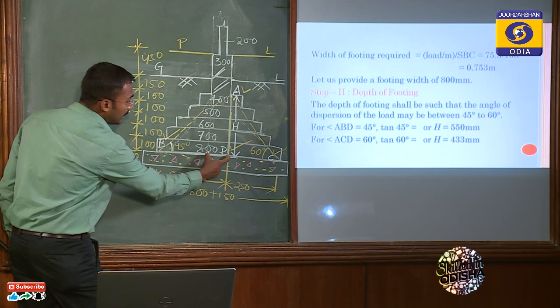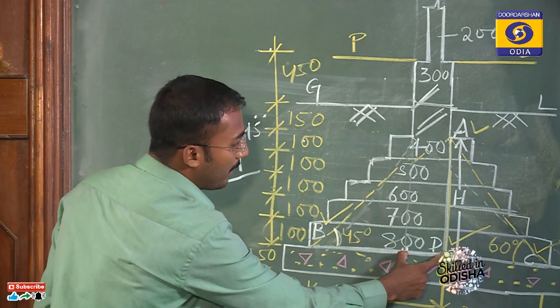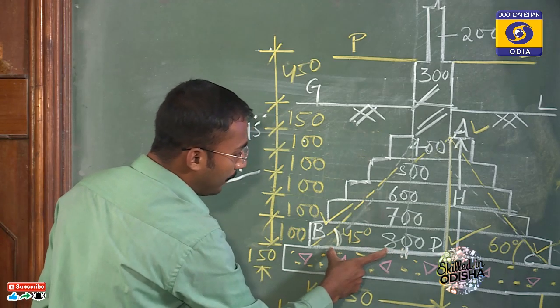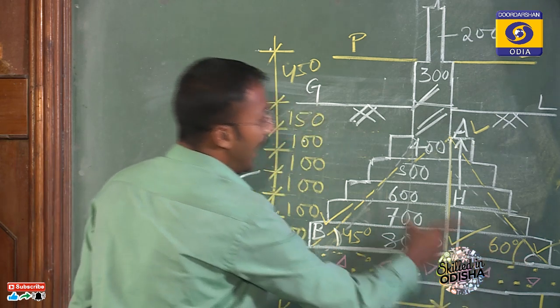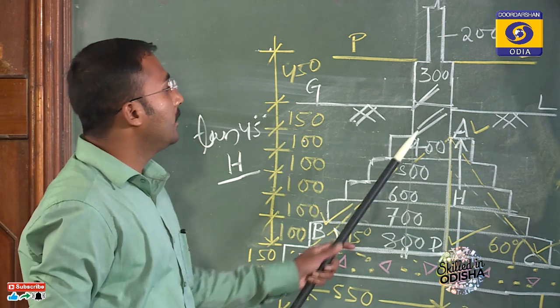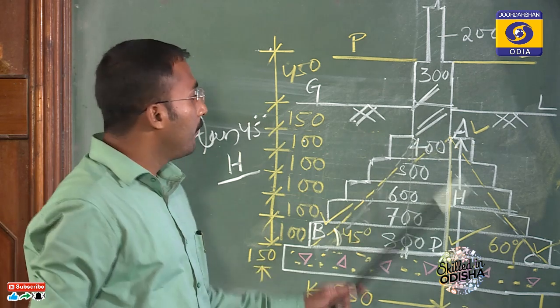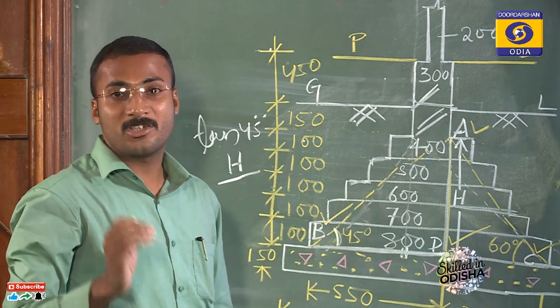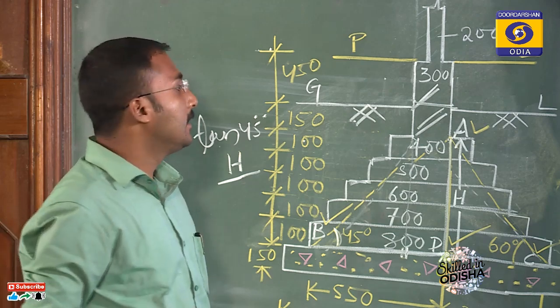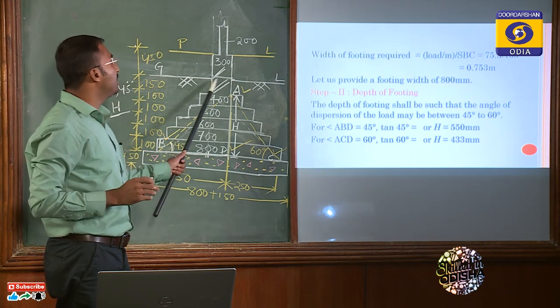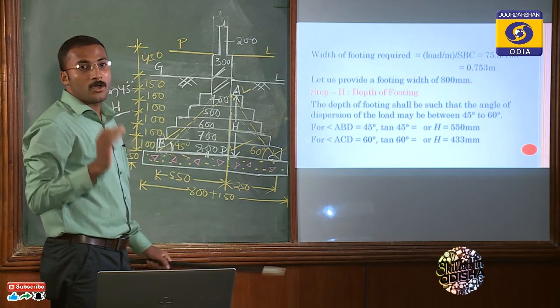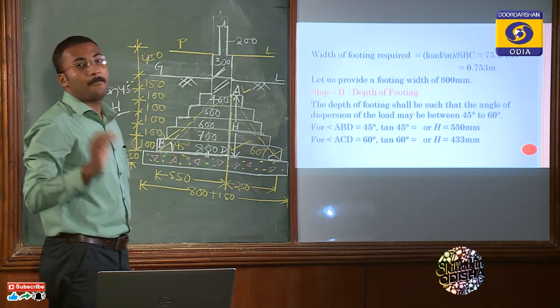So deducting this part 300 from 800, this will be 250, and this part will be 250, as it is symmetric. And the wall footings are in most cases concentric, not eccentric. That means the CG of the superimposed load coincides with the CG of the base area.